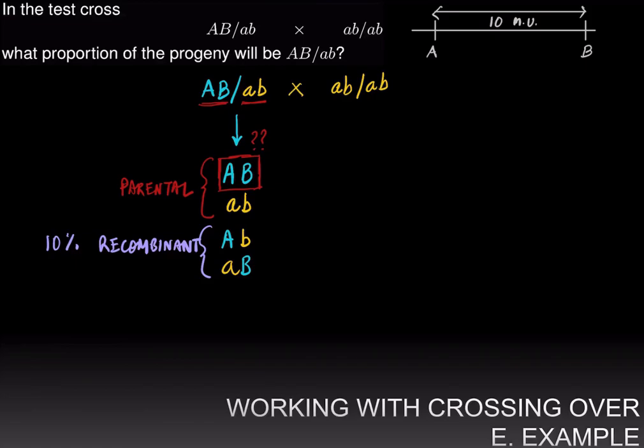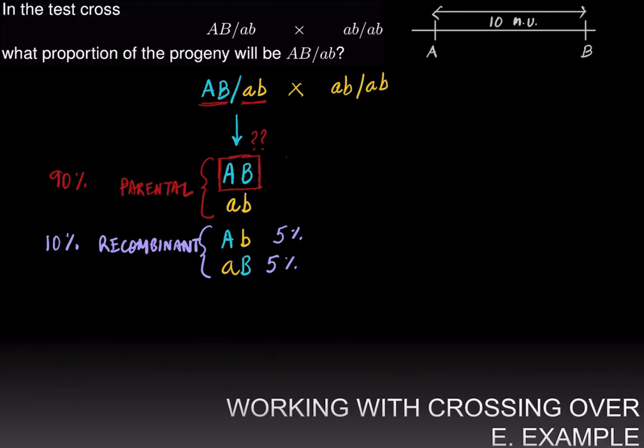And that also means that 5% of the progeny will be big A, little b, and the other 5% are going to be little a, big B, since one crossover event will result in one big A, little b and one little a, big B gamete. Since 10% of the progeny are recombinant, that means 90% of the progeny are going to have the parental genotype.